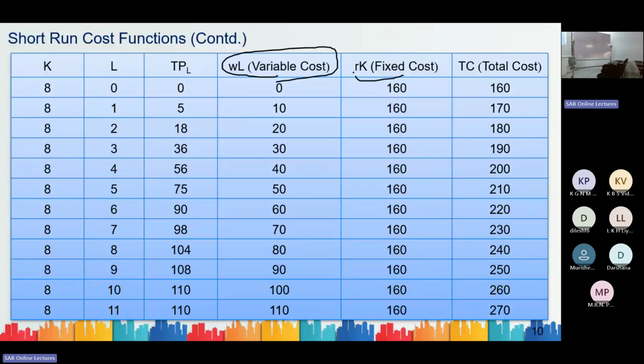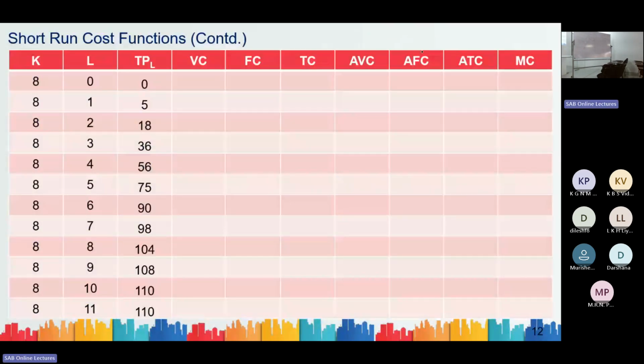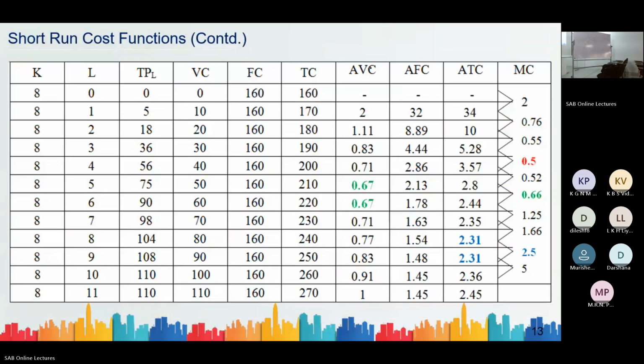Fixed cost values are the capital costs, and the summation of them is the total cost. So you can put the variable cost values in this column, fixed cost values in this column, and total cost values in this column, and then calculate average cost concepts: average variable cost, average fixed cost, and average total cost.